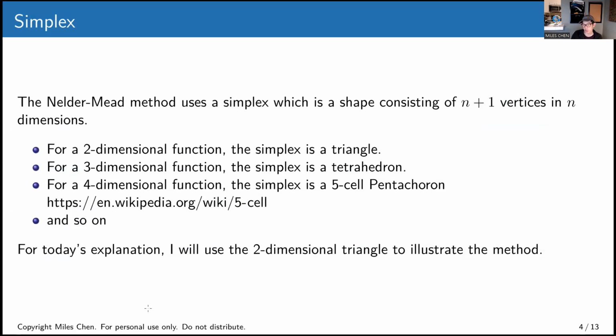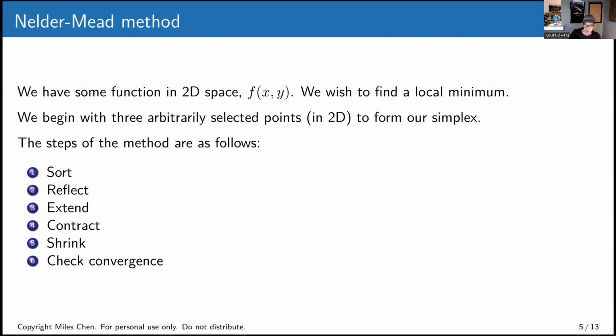And so as far as the illustration goes, we will use a triangle. I'll do 2-dimensional space, and we'll have a triangle as far as the simplex goes. But all of these things can be extended into higher dimensional spaces using a higher dimensional simplex. Right?